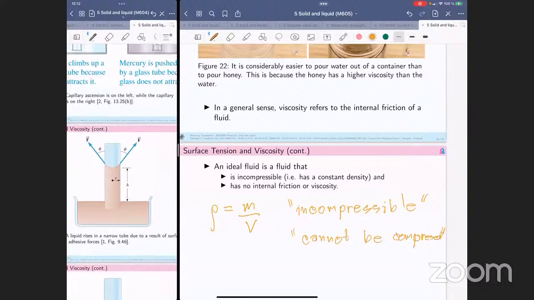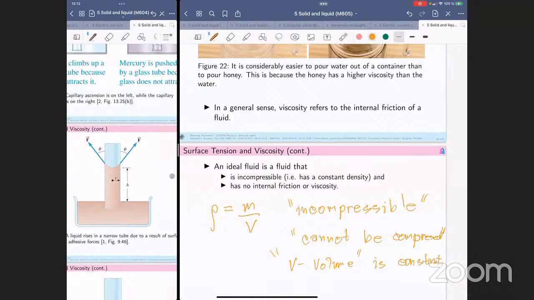Okay, it cannot be compressed. It means that the volume is constant, remains the same.